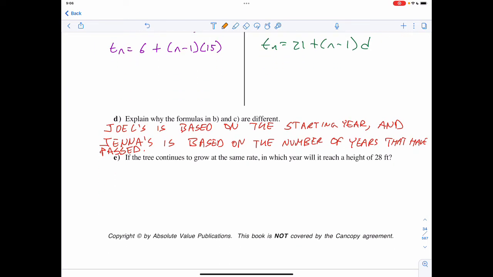If the tree continues to grow at the same rate, in which year will it reach a height of 28 feet? Well, all of our calculations so far have been in inches, which means that I need to convert 28 feet into inches, or 336 inches.